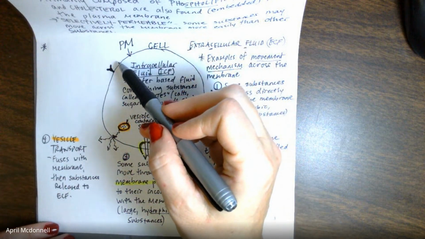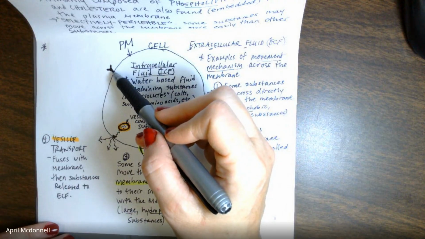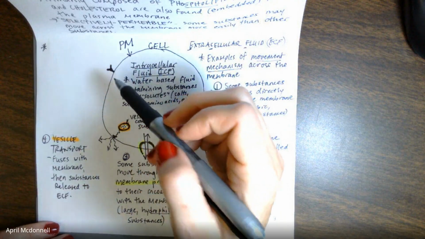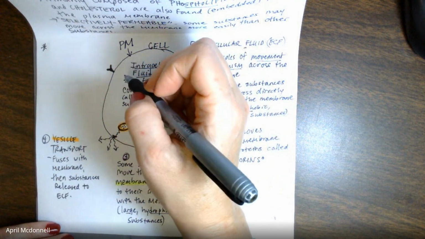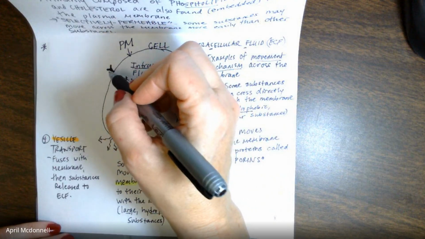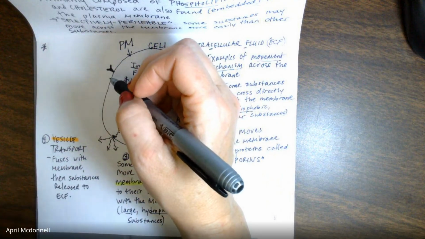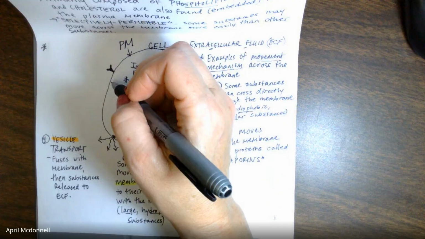Oftentimes, a plasma membrane will have a protein that is basically on the surface of the plasma membrane. This protein may be slightly embedded in the plasma membrane, but right now, let's call this protein that is on the surface a receptor protein.